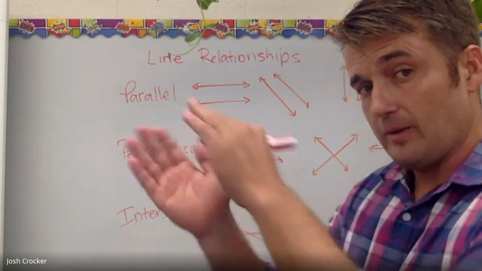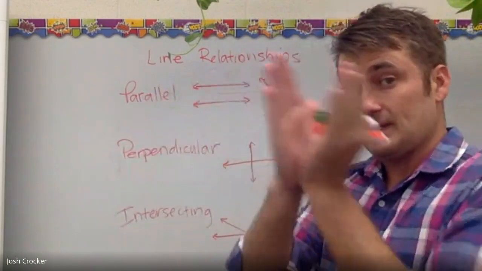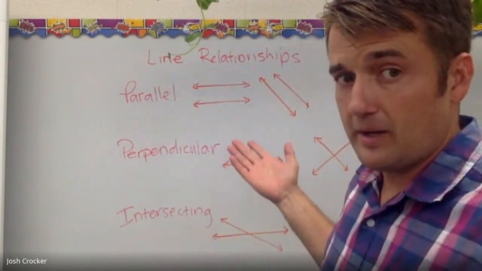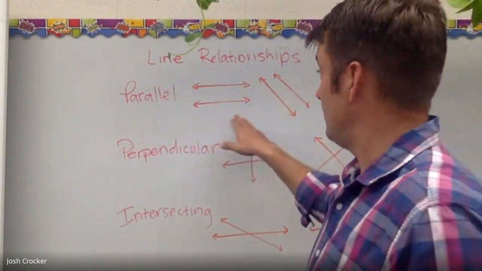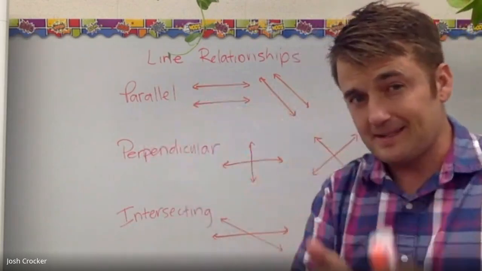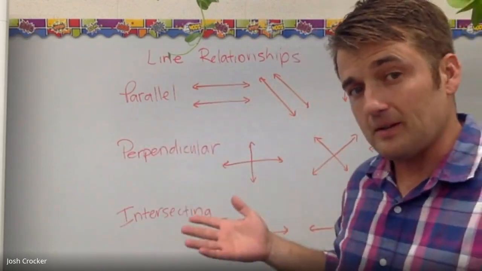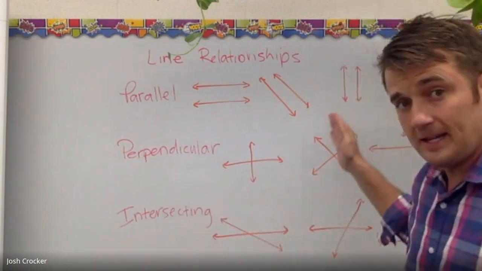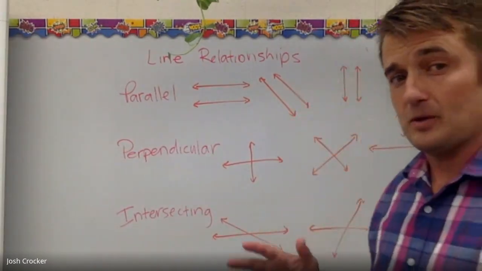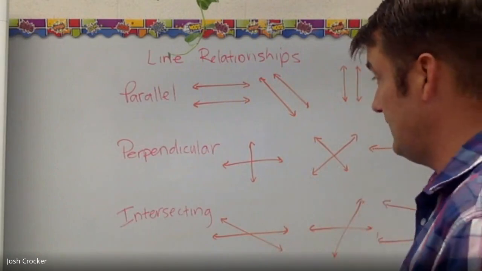And again, you know how we turned the acute angles and we said still acute, still acute, still acute? Same thing with parallel lines. If they're turned, but they're perfectly spaced, still parallel. If they're going up and down, but they're perfectly spaced in the same direction, they're still parallel.